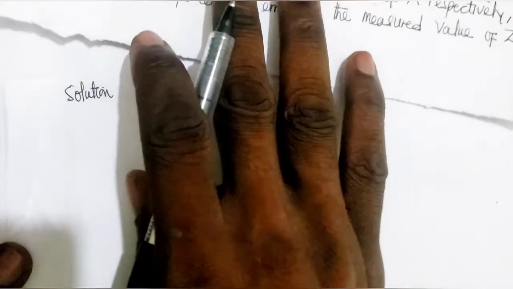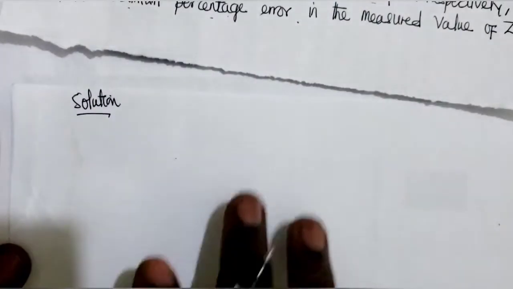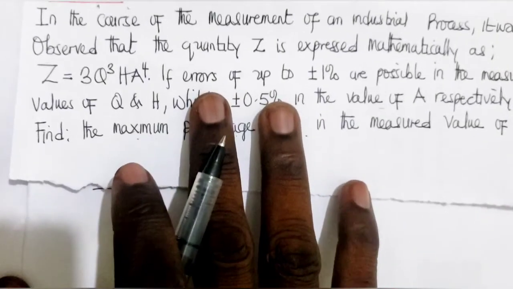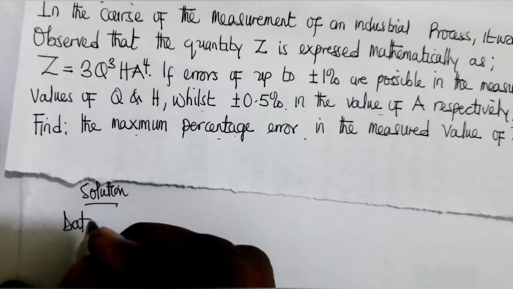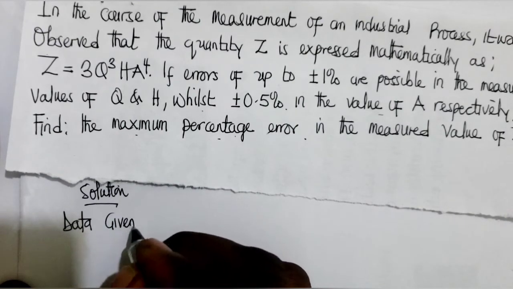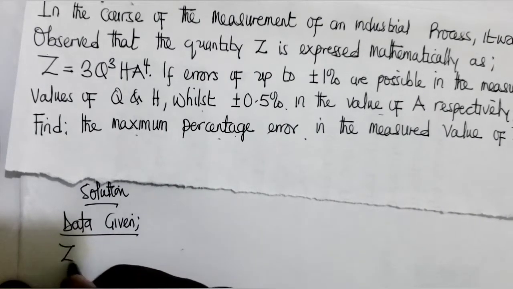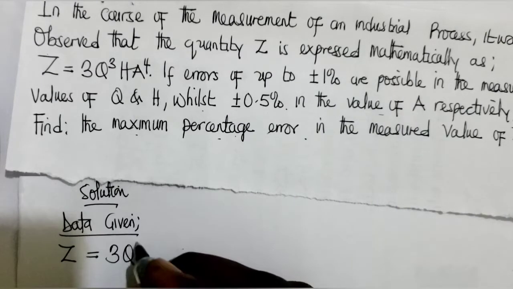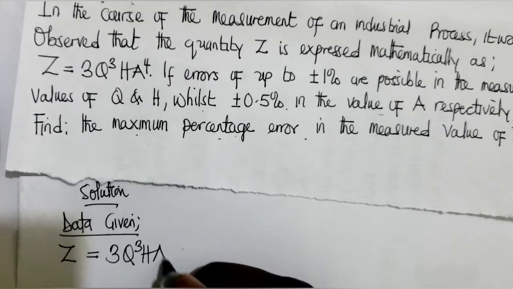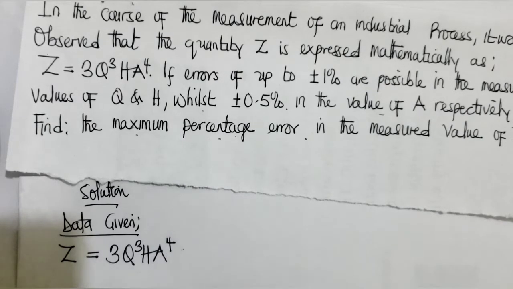Now we have our solution, and we write the data that we are given. Data given: the expression is Z equals 3Q raised to power 3 HA raised to power 4.